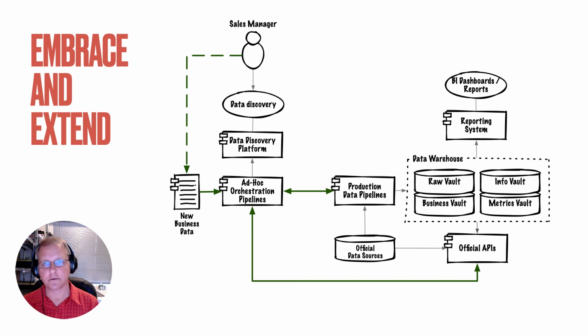Now, when you've got this investigative work done, when you're done exploring your data set, then it's time to consider, well, how do we get this back into our production environment? And one of the things that we've done in this application is we made the assumption that you were using the data vault structure to structure your data warehouse.